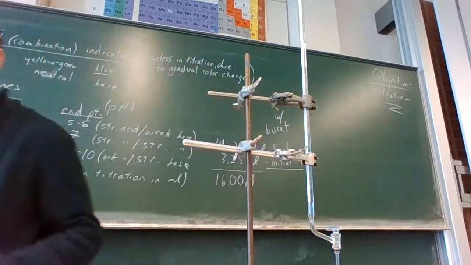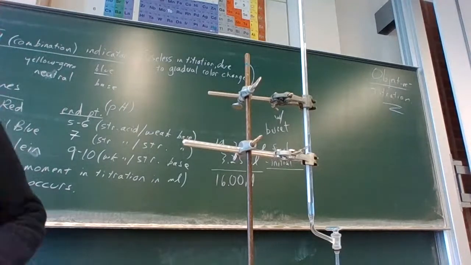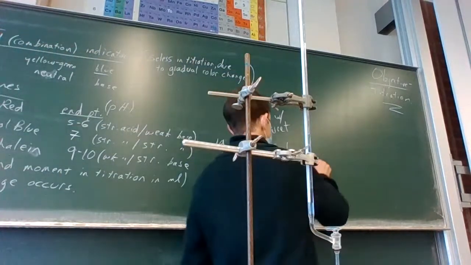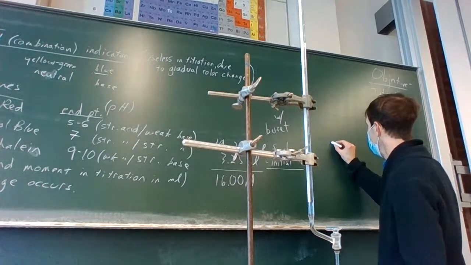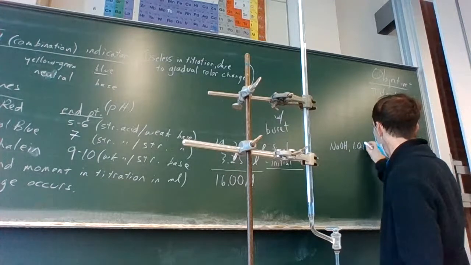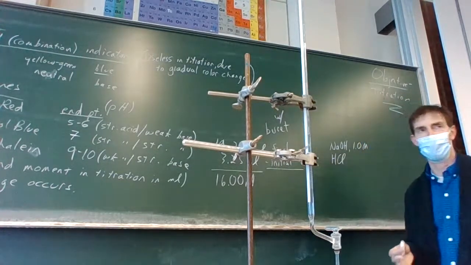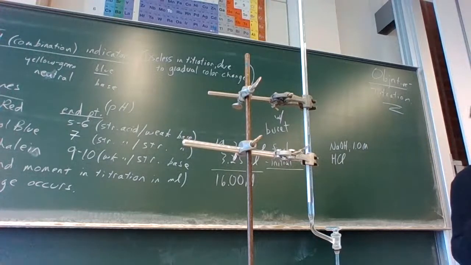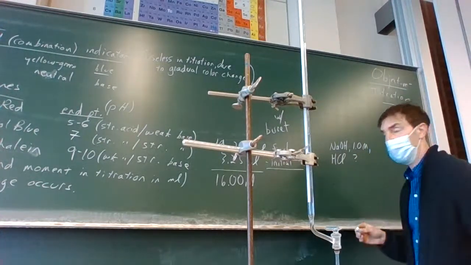So here we go. It's 1 molar NaOH. So my chemicals were NaOH, 1.0 molar, and HCl. They said it's 6%, but we don't usually use percent, so I have no idea what it is; we're going to solve for it.